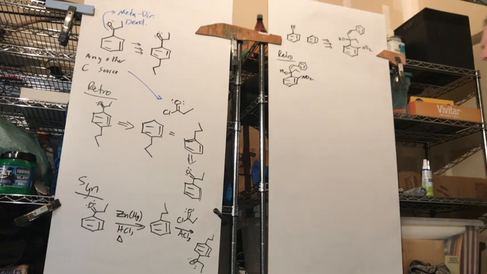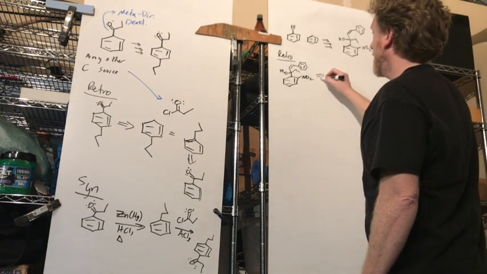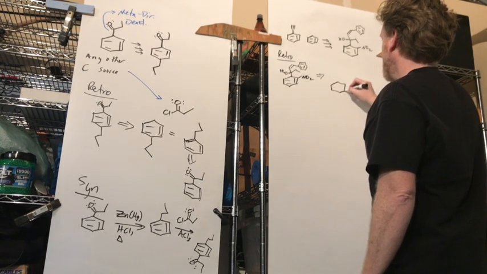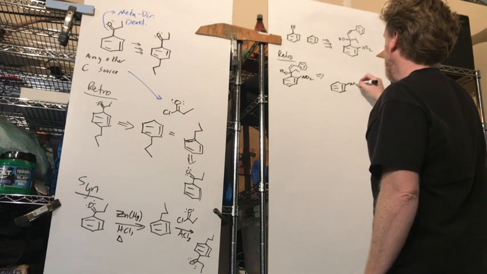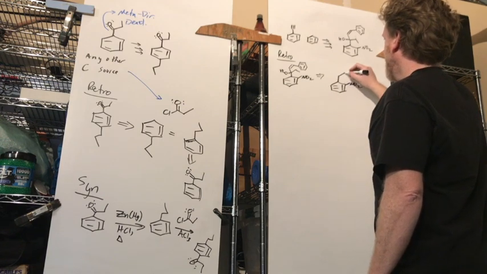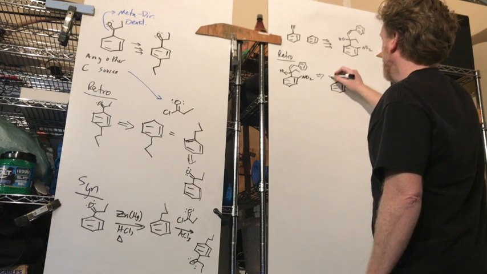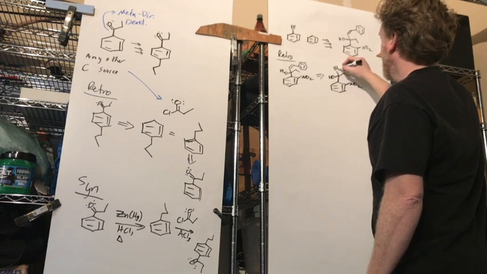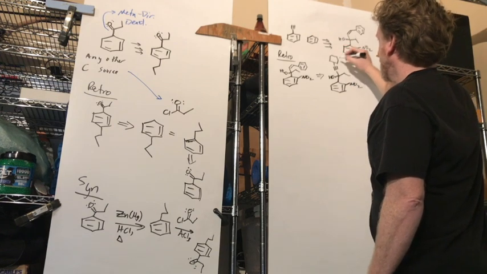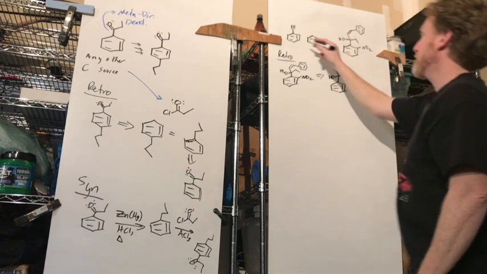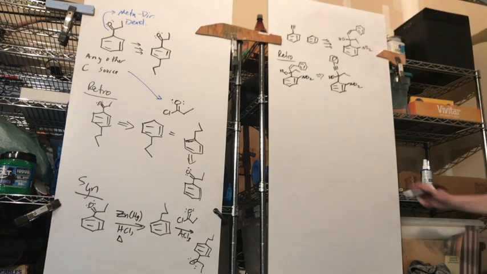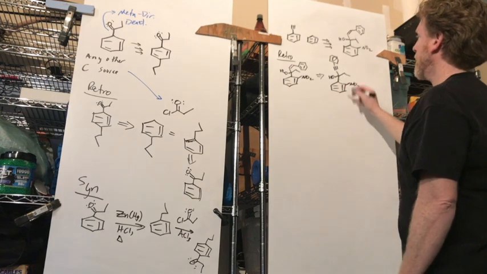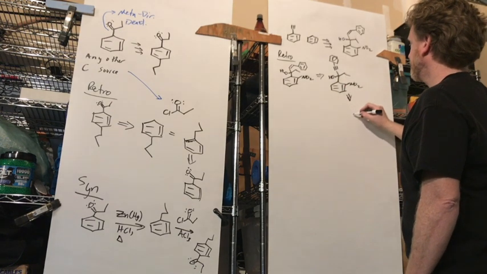A cis alkene, that sounds like partial reduction of an alkyne, right? So we can see where that alkyne's coming from there. And then we can see the carbon-carbon bond forming there too, huh?